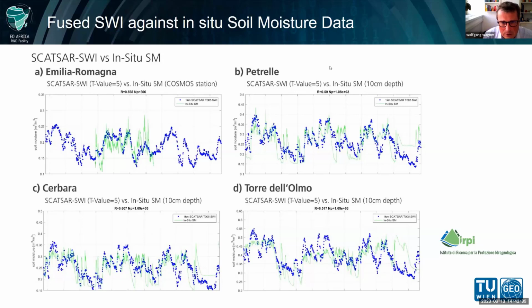Okay, I see another question. Do you think that surface soil moisture obtained from space is more related to rainfall and not to irrigation? That's a very good question. I'll come back to this later. Of course, the information observed by Sentinel-1 doesn't care if the water comes from precipitation or irrigation.